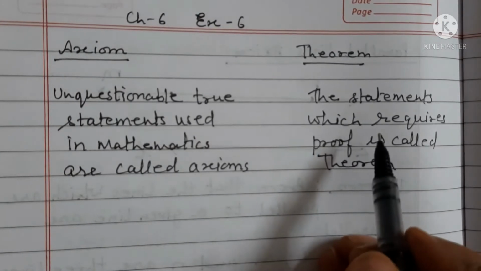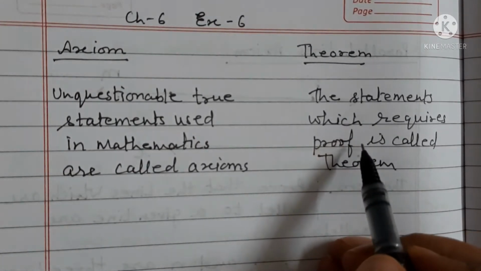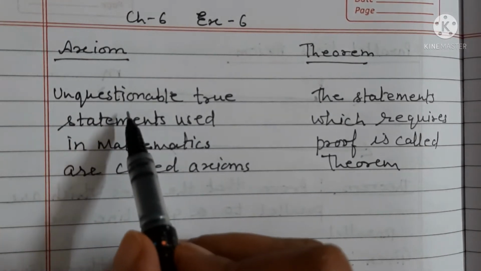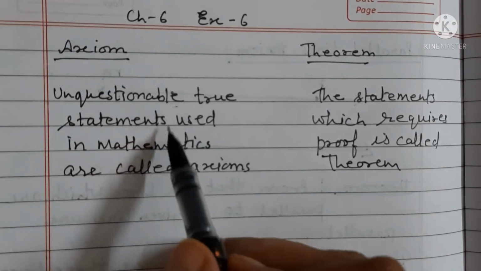This is the difference. Here you need to prove the statement. Here it is true. No need to prove.